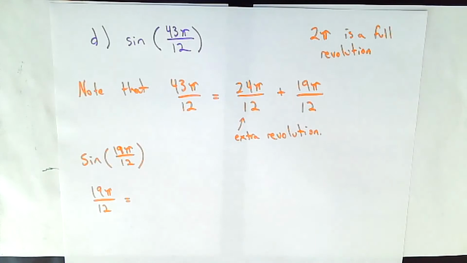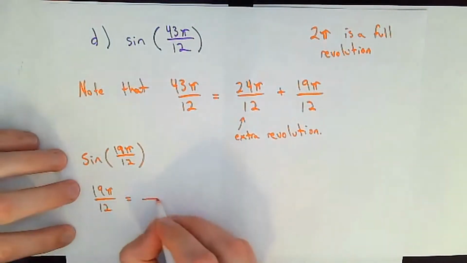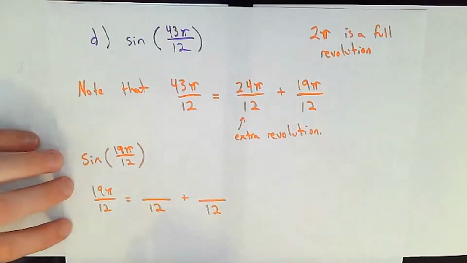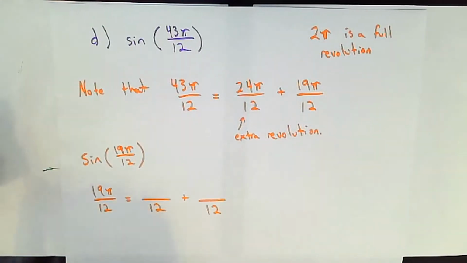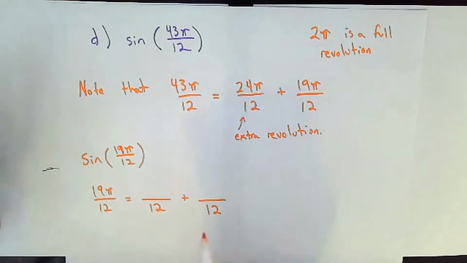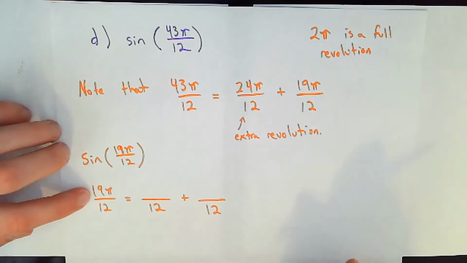Here's a good technique. Maybe you can pull the 19 apart, leaving the denominator of 12. Maybe I'll just assume it can be written as a sum here. Leave the denominator of 12 and try to pull 19 apart so that the two fractions simplify to a nice pi on 6, pi on 4, pi on 3, or pi on 2 type angle. So what's a nice number I could pick? How could I pull apart 19?